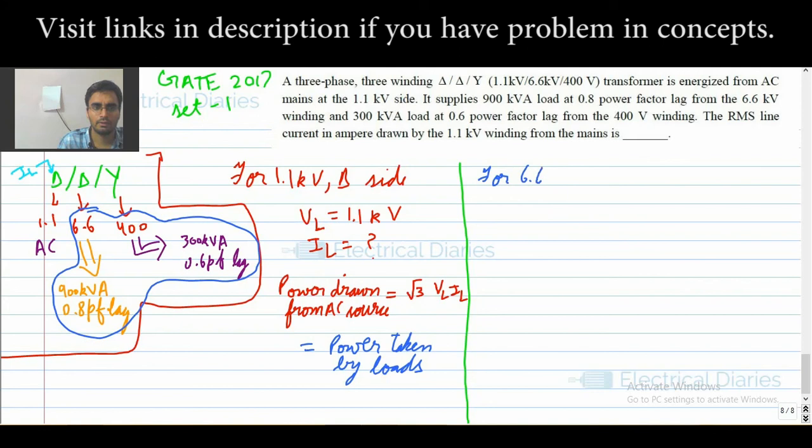Now let us find out for the 6.6 kV delta winding. The load is 900 kVA, 0.8 power factor, lag.